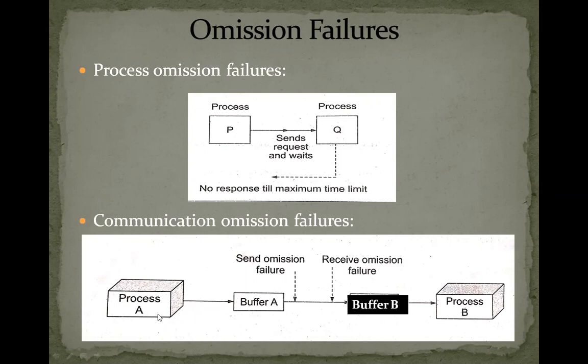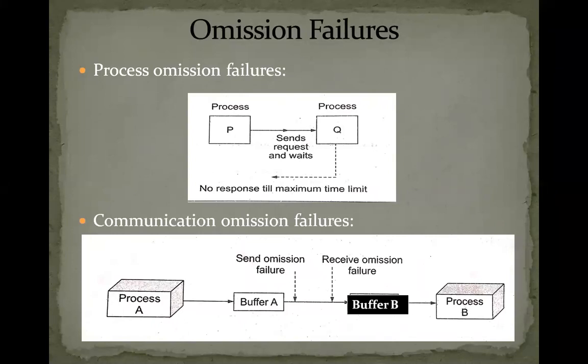This is buffer A for the process A. This is buffer B for the process B. So process A sends the data or the information to the buffer A, from where it is transmitted to the buffer B, and from buffer B to the process B. This is the normal route. This is a normal procedure.